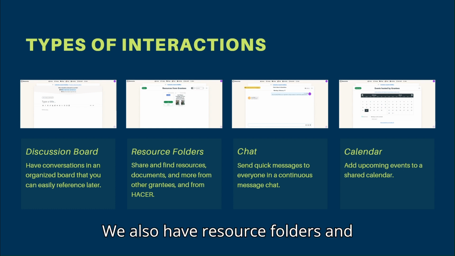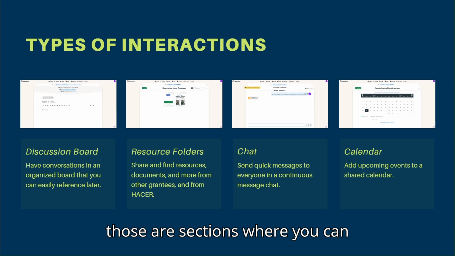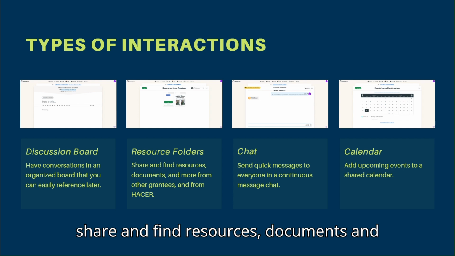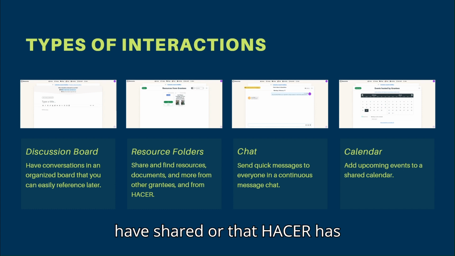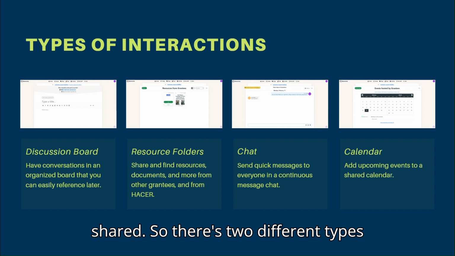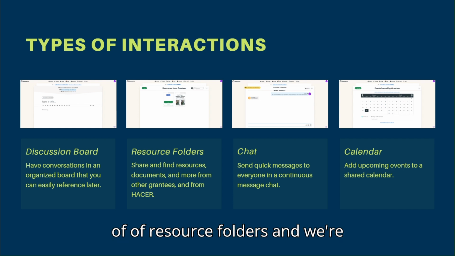We also have resource folders, and those are sections where you can share and find resources, documents, and other things too that grantees have shared or that ASER has shared. So there's two different types of resource folders, and we're going to talk about those too.